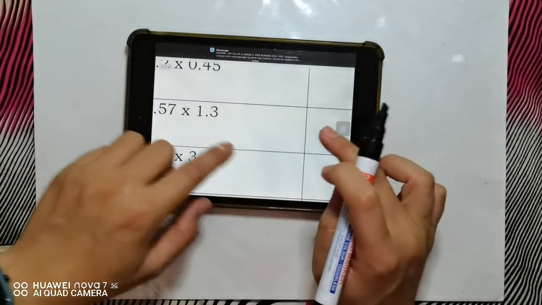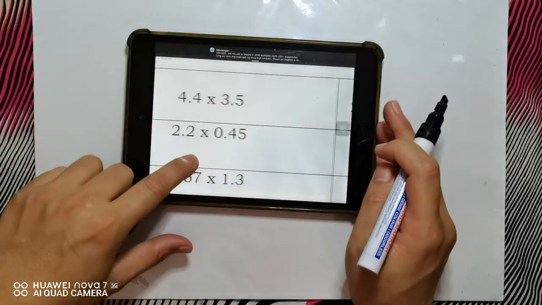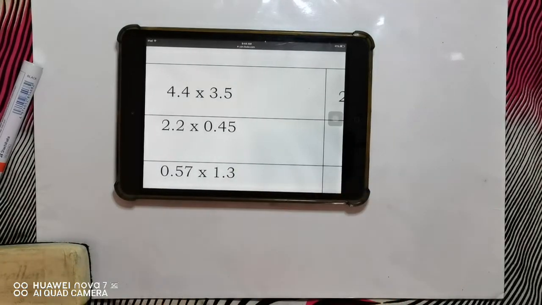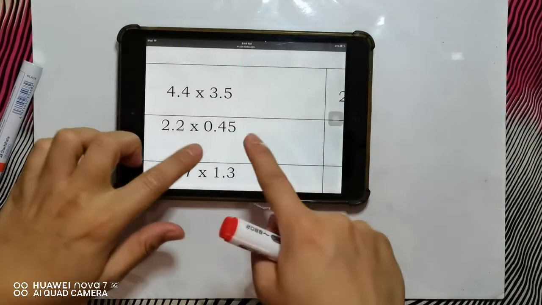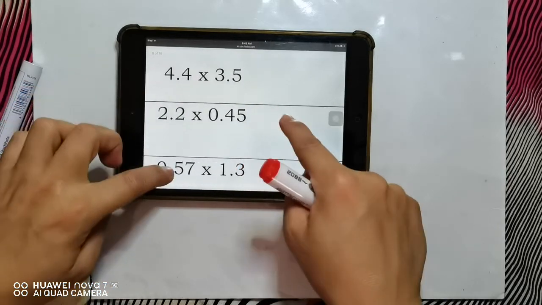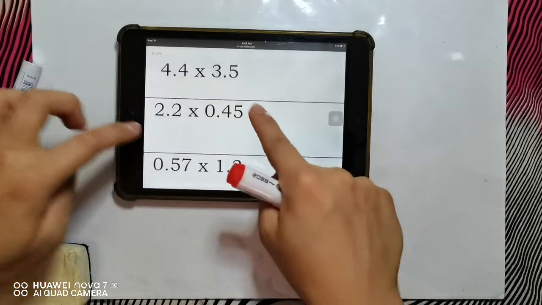So, ito muna tayo. Para hindi kayo malito. Dito, ang gawin muna natin is let's try to find out how many decimal places there are. Okay? So, isa-isahin na natin.